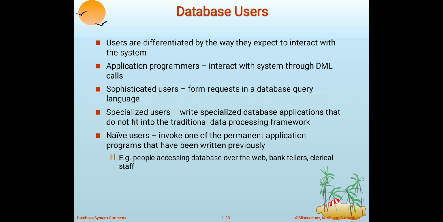Naive users are used in application programs that have written or overwritten the previous data. For example, bank accounts: when you withdraw money from an ATM, there will be changes in the account as well as the ATM card information, which is also updated.